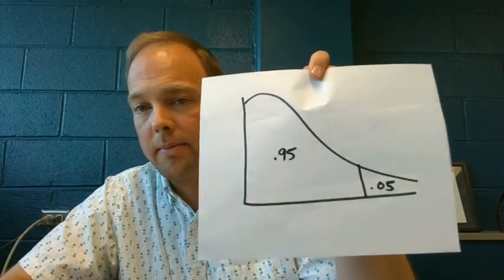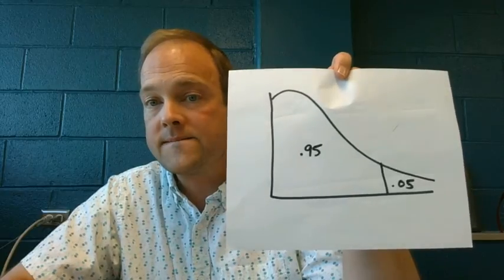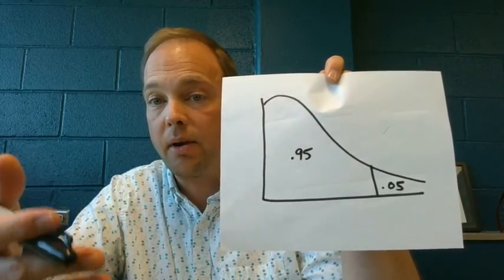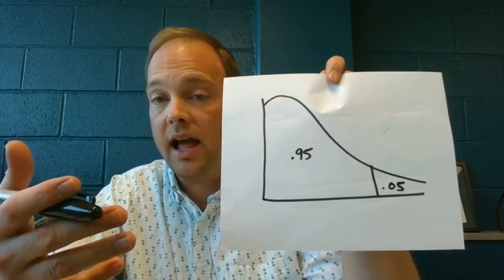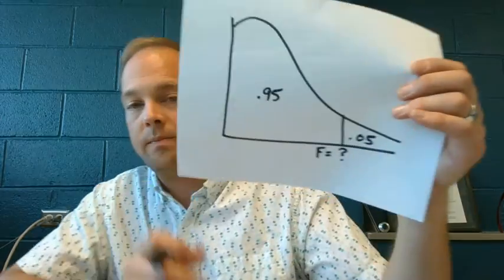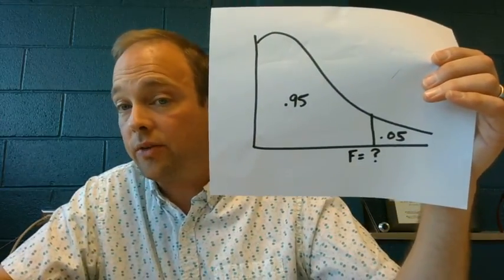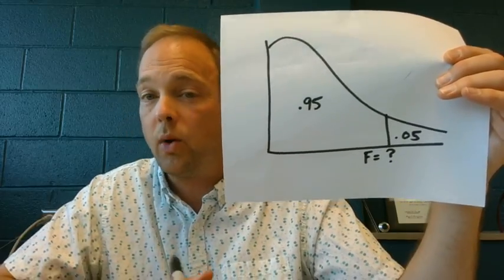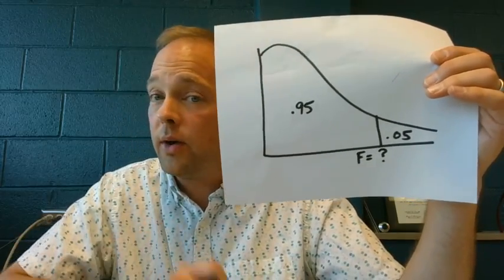So that's what the probability distribution would look like if we were setting up a problem to test at the 0.05 level. One thing that's missing, and we haven't talked about the table yet, so I'm not going to fill it in, is an F value from the table. All right, and we'll talk in a little bit about where or how to find the correct value.